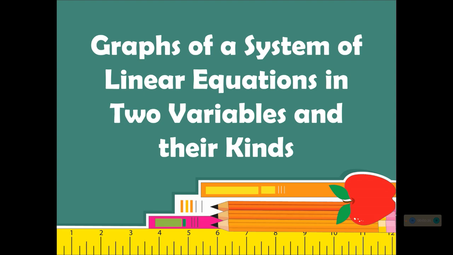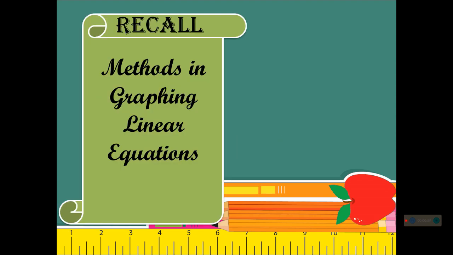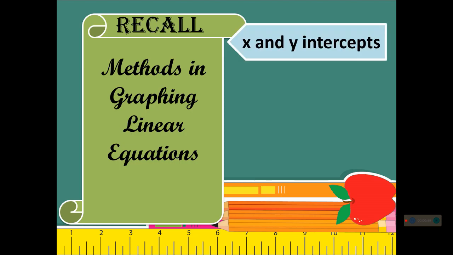Before we proceed with the graphs of the system, let us have a recall on the methods in graphing linear equations. Can you cite some of those methods that we have before? The first one that we have discussed is about the x and y intercepts, correct? I told you it is also the same with the Takip method.